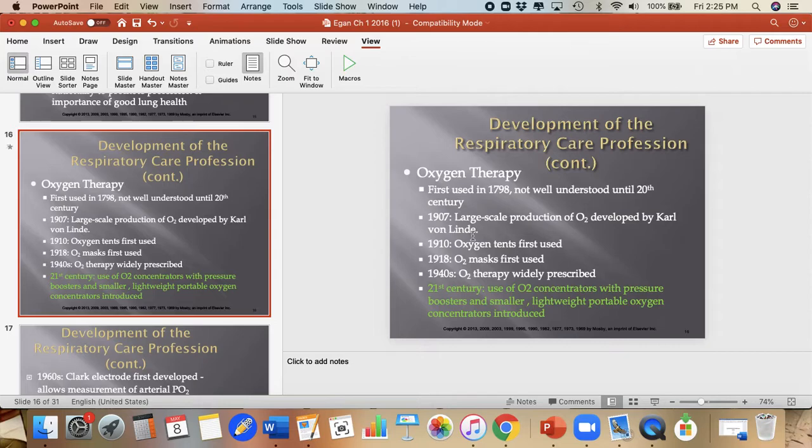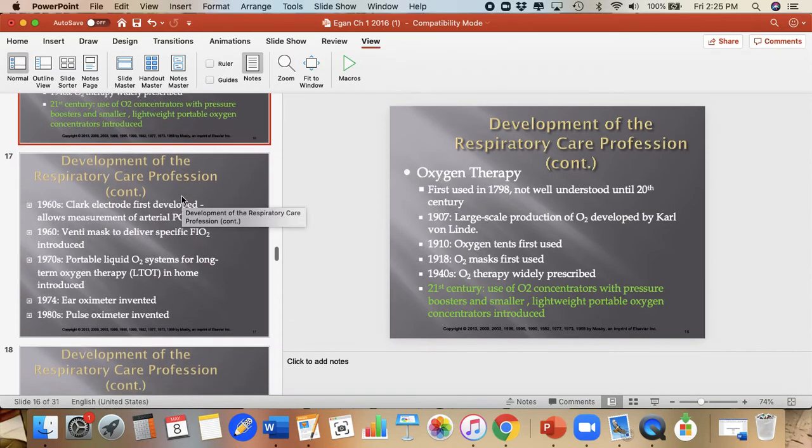So that's pretty key information, and it really revolutionized the quality of life for a lot of our homebound patients with COPD and with all kinds of other respiratory ailments who don't necessarily need to be in the hospital all the time, but need to have oxygen so that they can function properly in their homes. So that was a really big development.